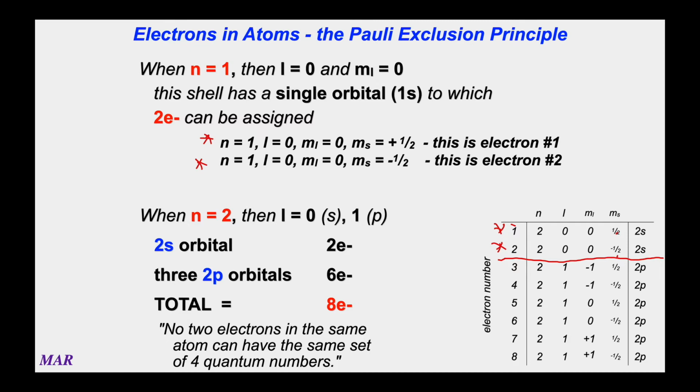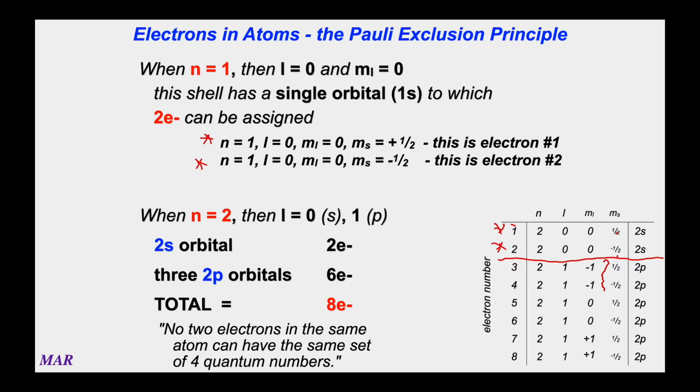Each of those m sub L's can have 2 possible m sub S values. So the first 2 are the electrons when m sub L equals negative 1, the next 2 are for when m sub L equals 0, and the last 2 are for when m sub L equals plus 1.